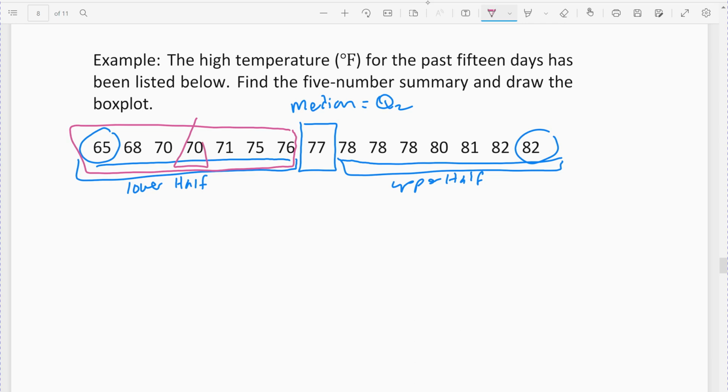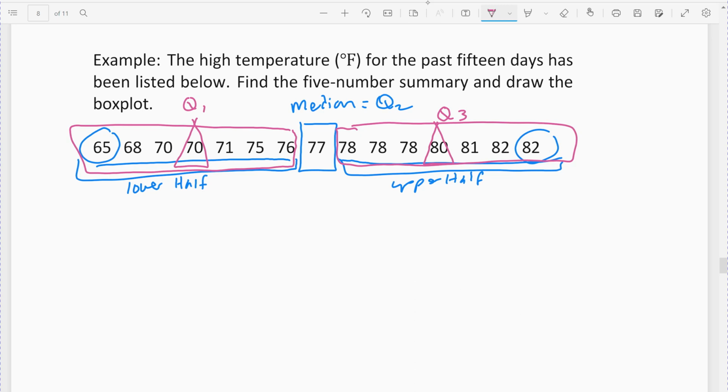I'm going to draw it like a triangle. The 70 is in the middle of the lower half. And so that would be quartile 1. Alright, and then you do the same thing with the upper half. So I'm looking here at the upper half. Again, there are 7, which means 3 above, 3 below, which puts the 80 in the middle. That would be quartile 3. And there are all of the numbers I need.